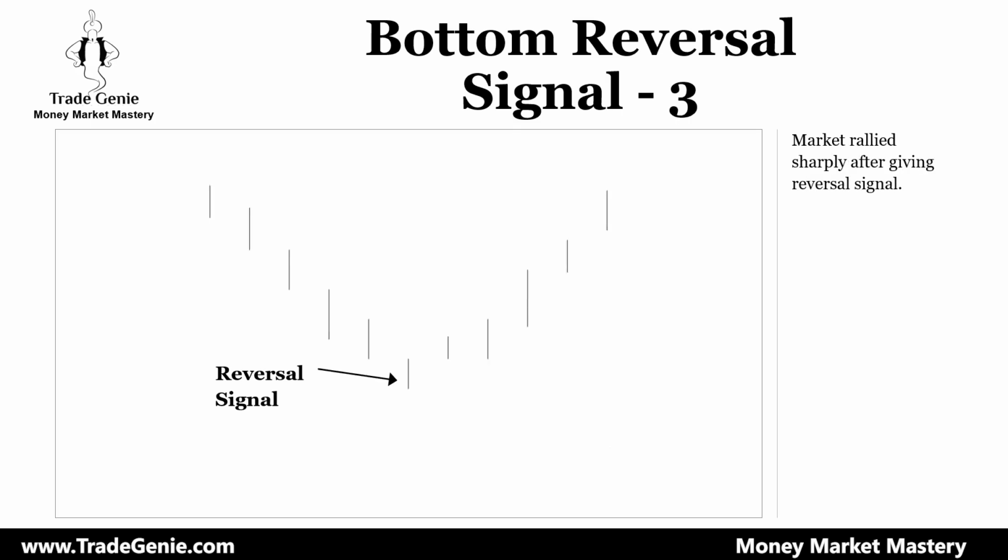The third one happens sometimes also. So you need to have a way of analyzing this bar. So the market is crashing, and let's say this bar occurs. It could be just a gap down. It could be a candle, which is a reversal.